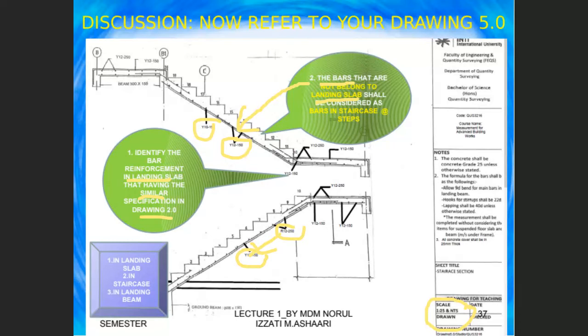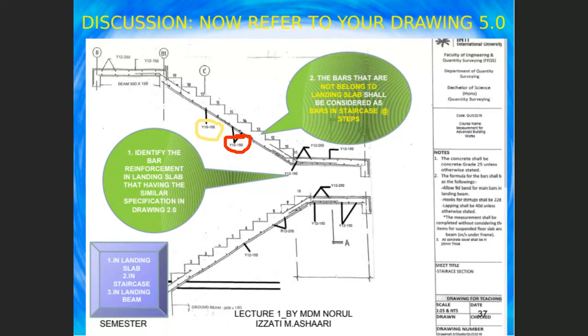So logically, when we look at this drawing, let's say I would like you to identify how many items are to be measured. We highlight one by one. Okay, this is number 1, Y10. You can see that there is only one specification of Y10, so this is one item. Next one, let's say we change the color to red. You can see here Y12, 150.